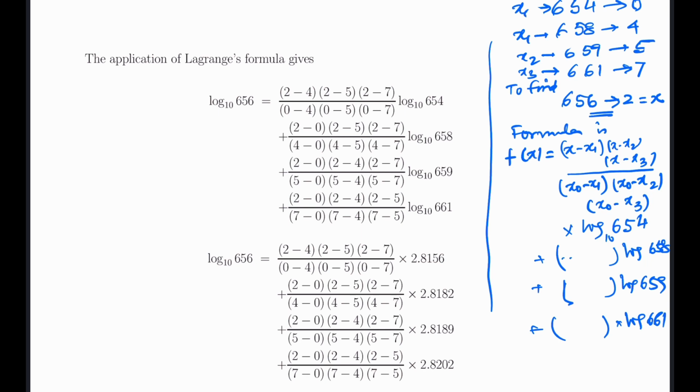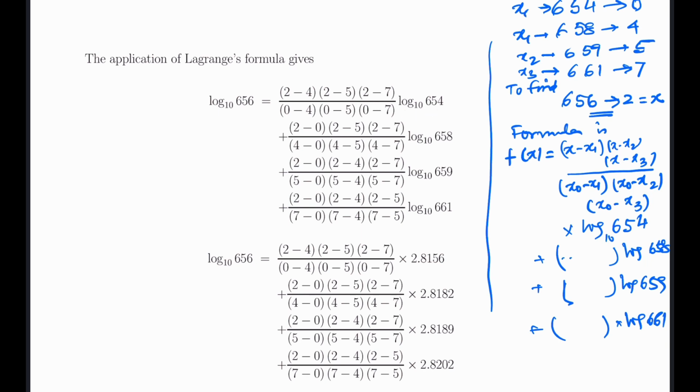So we have x equal to 2, and x1 is 4. So this is 2 minus 4. Then this is x minus x2, so this is 2 minus 5. x minus x3, so this is 2 minus 7. Then this is x0 minus x1, so this is 0 minus 4, 0 minus 5, 0 minus 7 into log10 654.